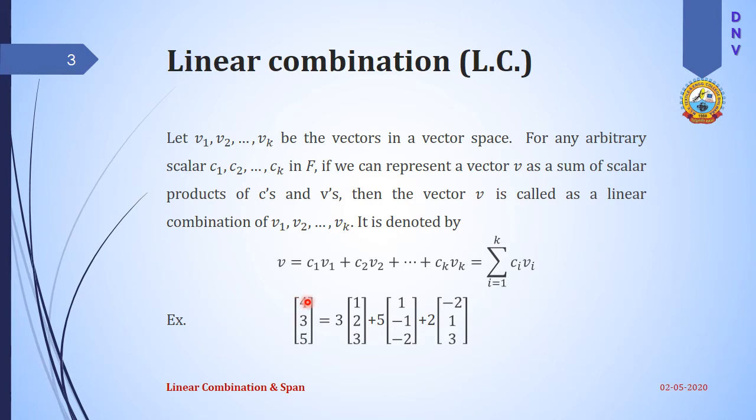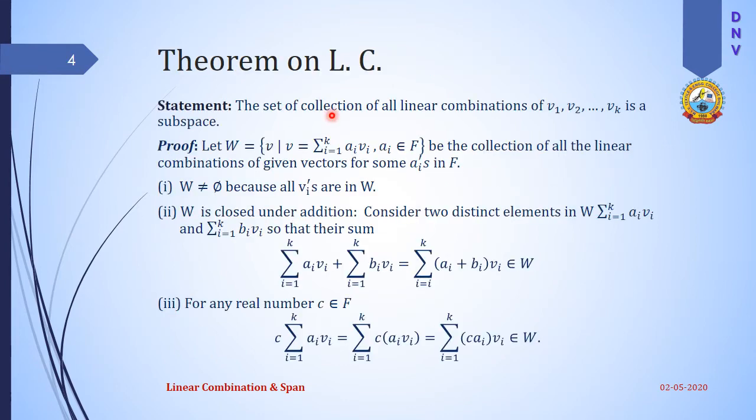So we can see that this vector, which belongs to R3, is the linear combination of these three vectors from the R3 space, and these are the values of the constants or real numbers c1, c2, c3. So c1 is 3, c2 is 5, and c3 is 2. This is the example we have taken for understanding the notion of linear combinations.